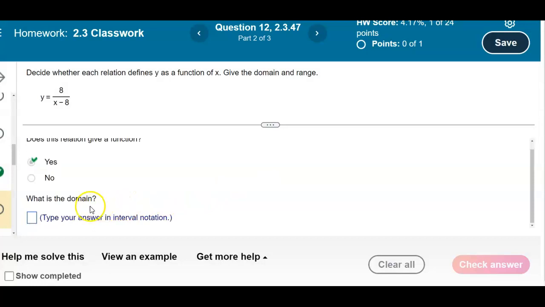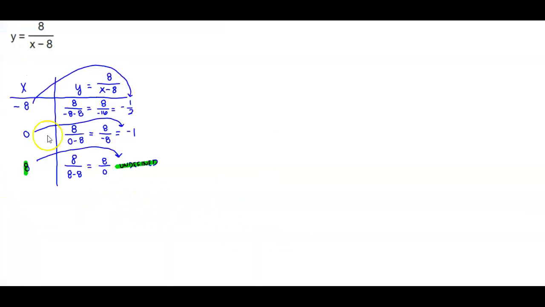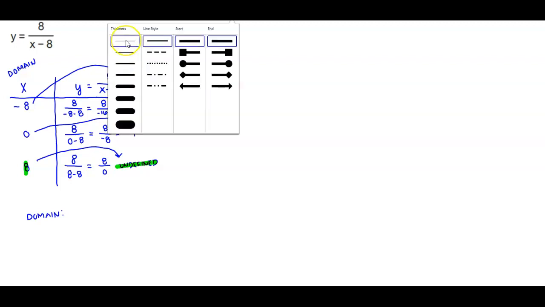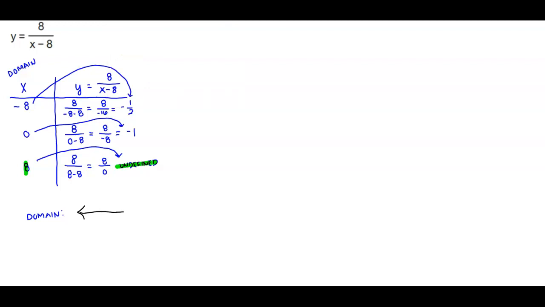Okay. Now we want to determine what is the domain of this function. Well, we just looked at it. The domain is all the x values. So what do we know about the domain? If we wanted to graph this on the number line, we're going from negative infinity to positive infinity.